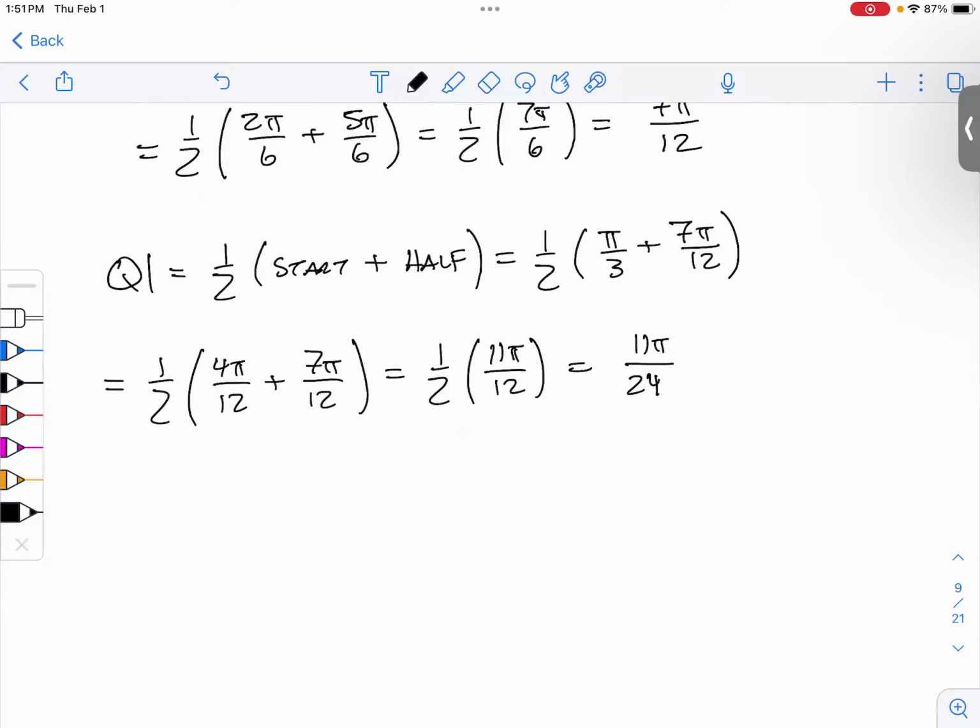Is everyone okay with the calculations that we're doing? Again, haven't even graphed it yet. Got a lot of setup, so we have all the info and can actually get there.